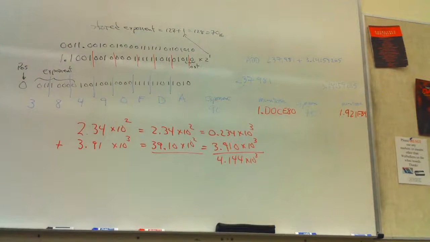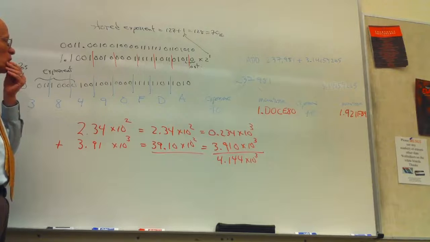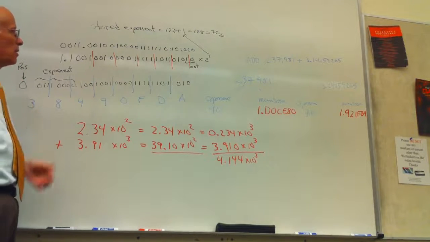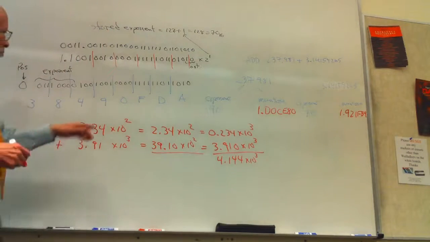Okay, we have to do the same thing here to add these things in the floating point format. It is exactly the same idea as the scientific notation. Now, what we usually do, and it gets a little hard to track down, we do it this way.